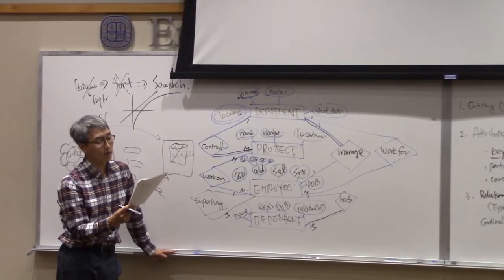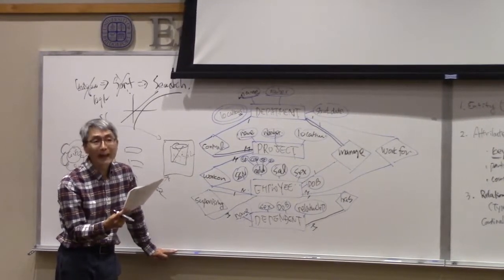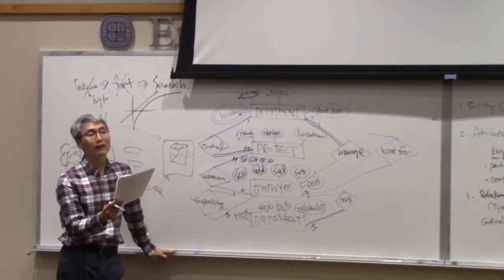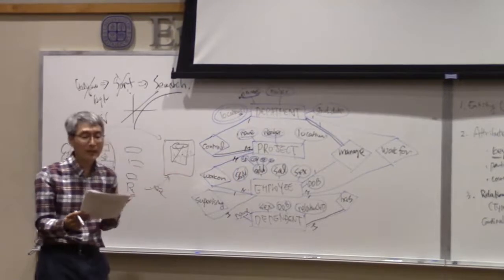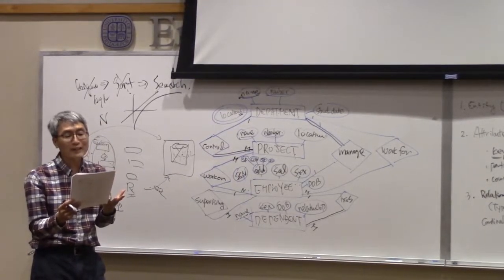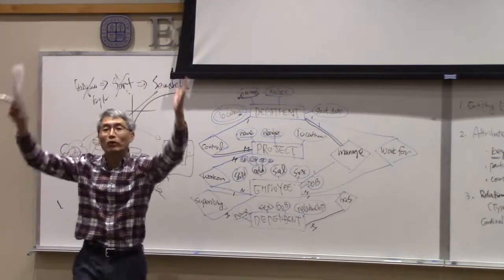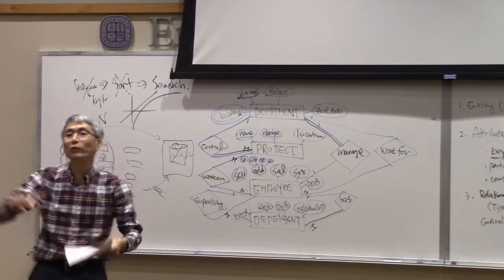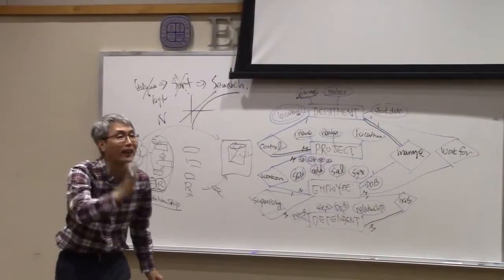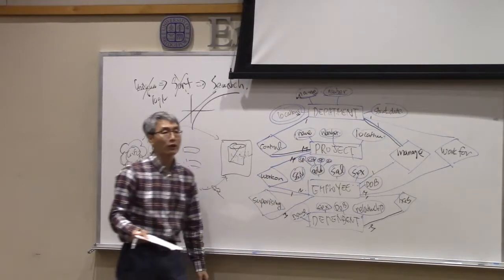And the works on, let's see the works on. It says "may work on", and "may" means it's optional. Some of the employees work on a project, some of them do not. Also, if you look at the project, it's not clear whether there might be a project but no employee there. It may be possible just to create the project but nobody assigned. So both of them are optional.